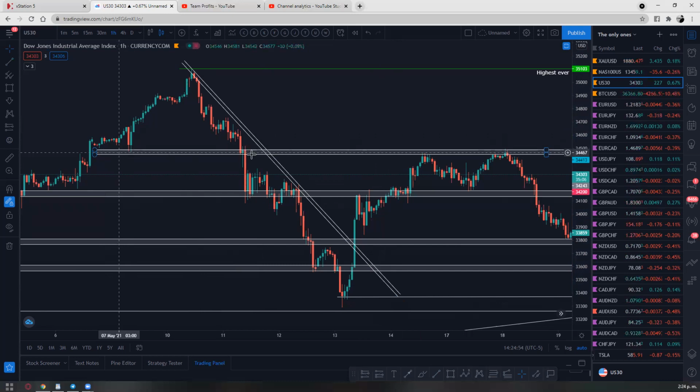It's not just a straight line, so it's a zone. So that's why I do a double tap. I usually put my first line on the top of the wicks. And then the second one, I clone it and I move it down below, maybe to touch the actual body of the candle. So we know we are on a downtrend, right?